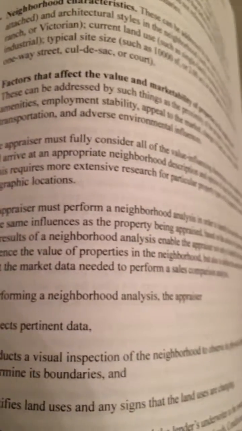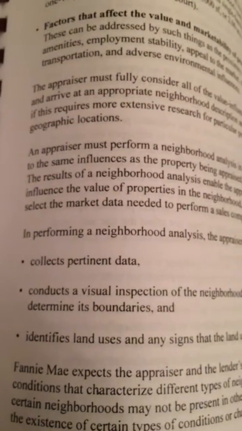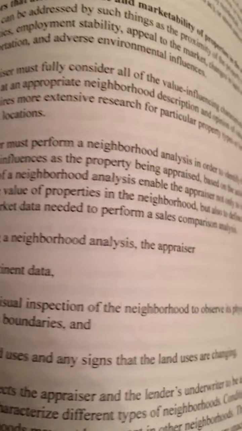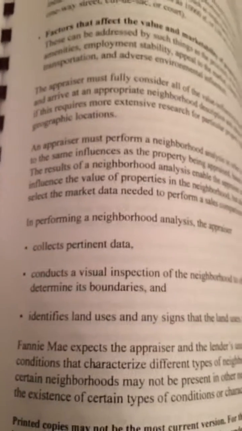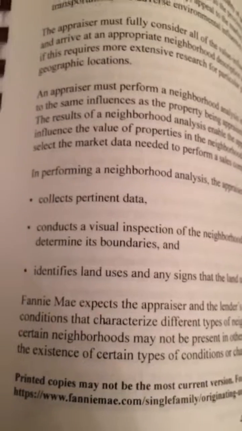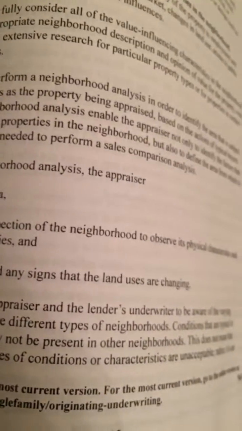In performing a neighborhood analysis, the appraiser collects pertinent data, conducts a visual inspection of the neighborhood to observe its physical characteristics and determine its boundaries, and identifies land uses and any signs that the land uses are changing.